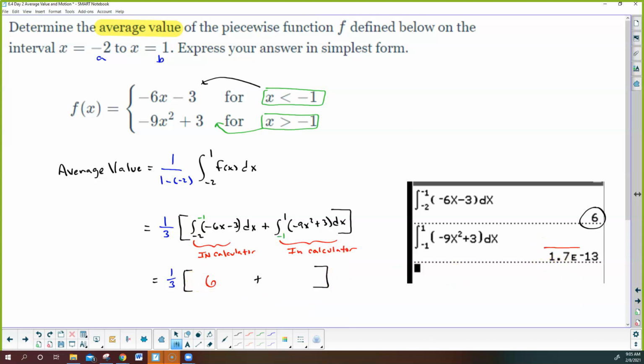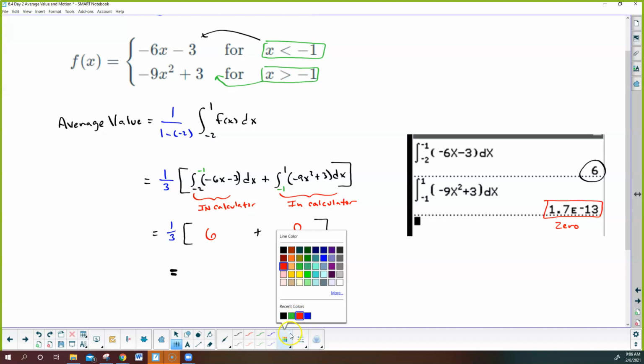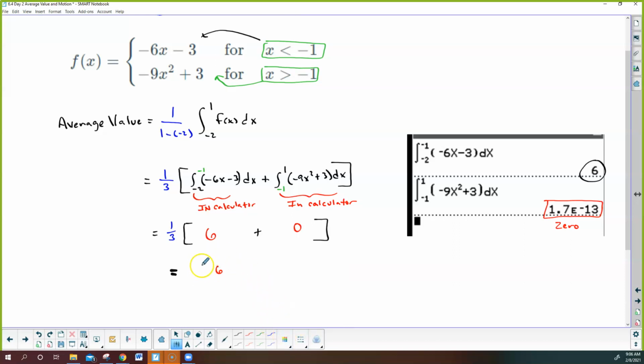And then the next one, remember what that means. That's scientific notation, which means I would need to move the decimal spot 13 spots over here. So basically, that's 0. And then nothing crazy now. 6 plus 0 is 6. 6 times 1/3 tells me the average value is equal to 2.